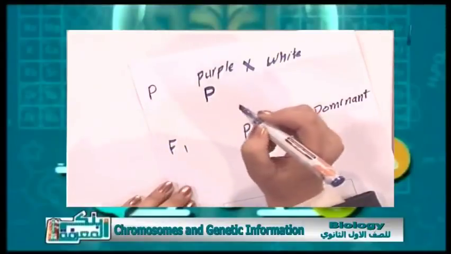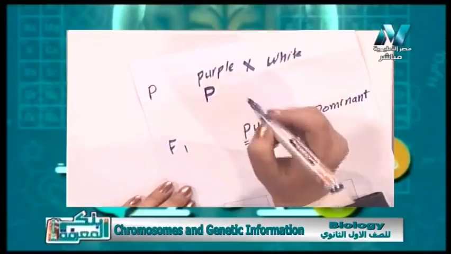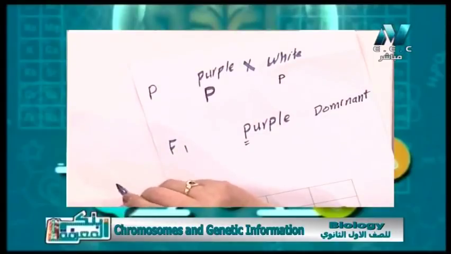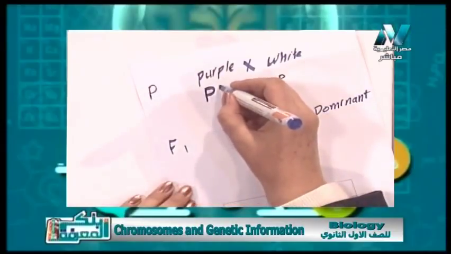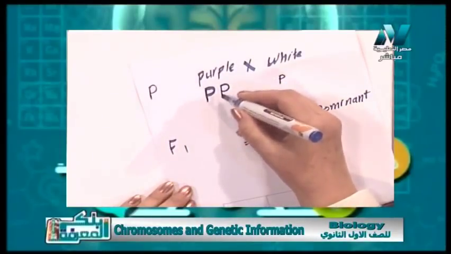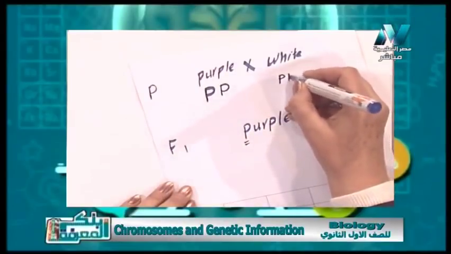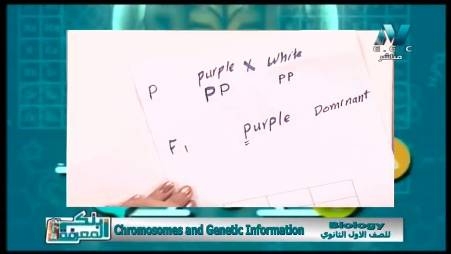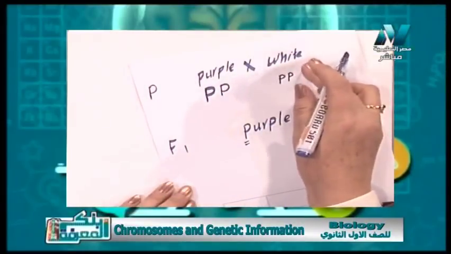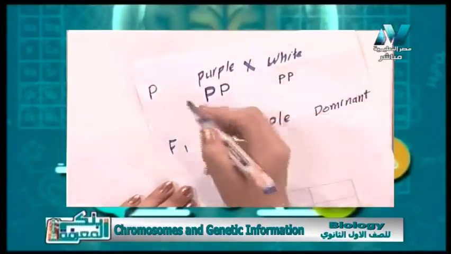We put these letters in capital to represent the dominant, and we put the same letter in small to represent the recessive character. And of course we have two genes, so we have to put two letters, one for each gene: capital P, and for the white character, small p, small p. And this is the genotype of the parents.